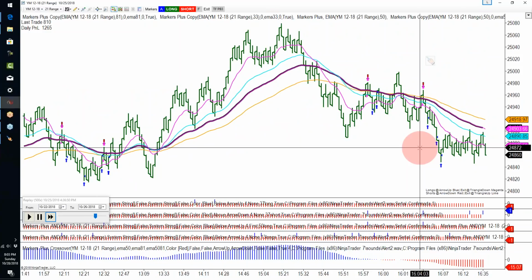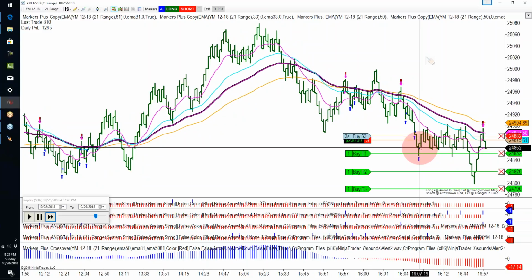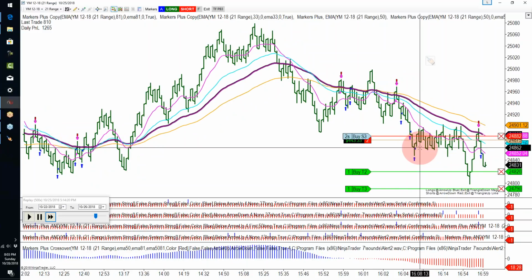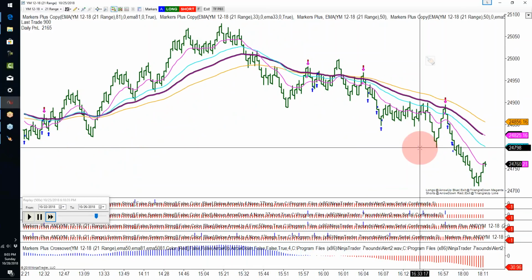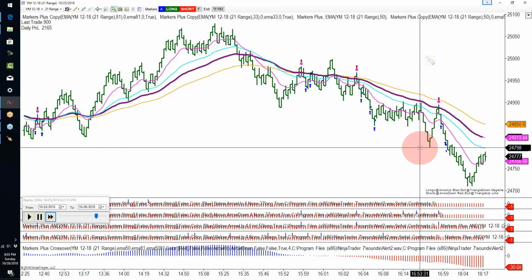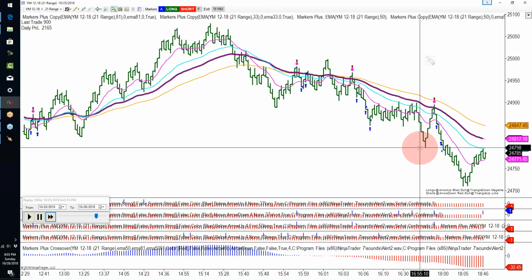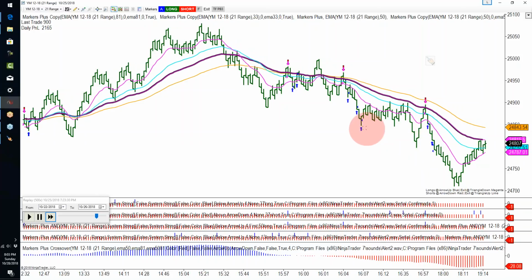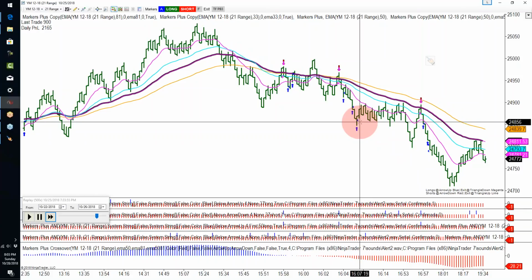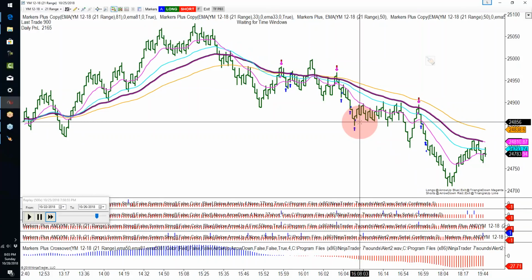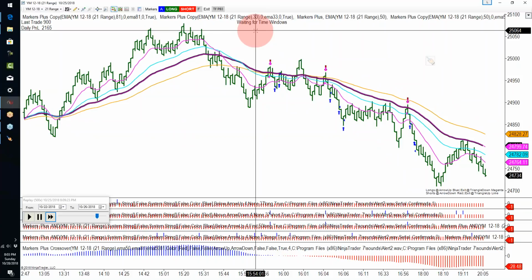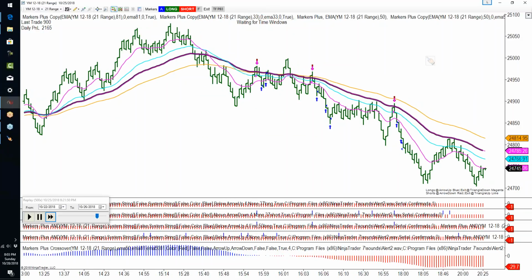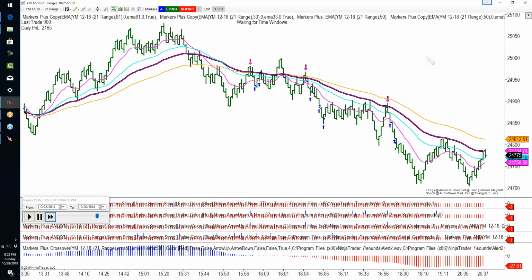So we're up 1265, nearing the end of the day. Still going to maybe grab another win here. This pause you see is, there we go, 2165, and we're close to our timing window now. And timing window is hit. I'm going to pause the recording just to save a couple of minutes.